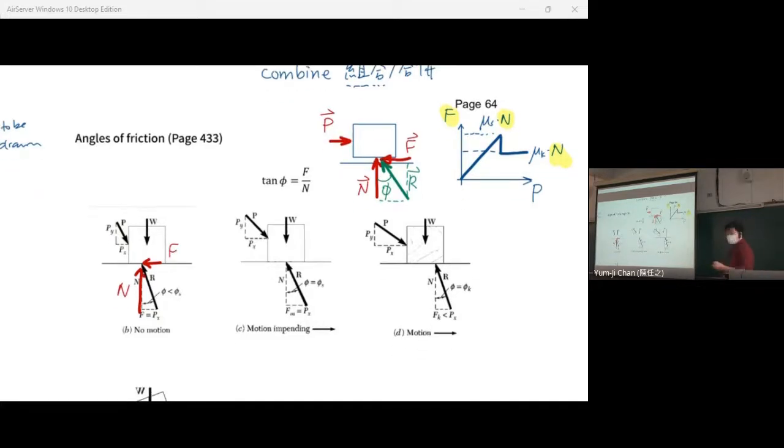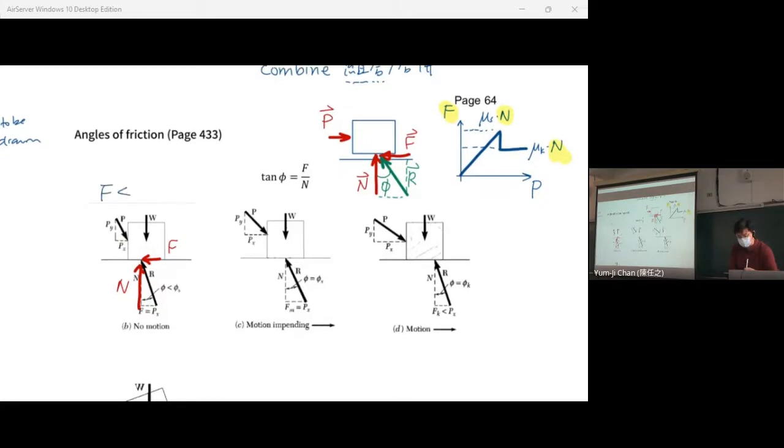Here, the friction force F is smaller than mu s times N, so it has no motion. It's on this point. So the angle phi is smaller than phi s.